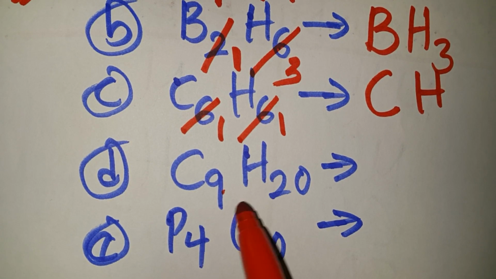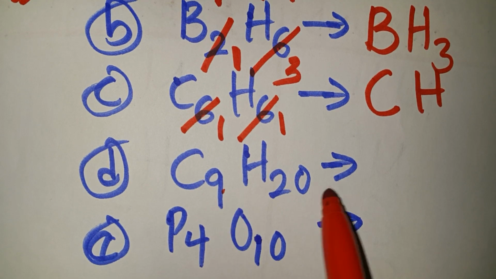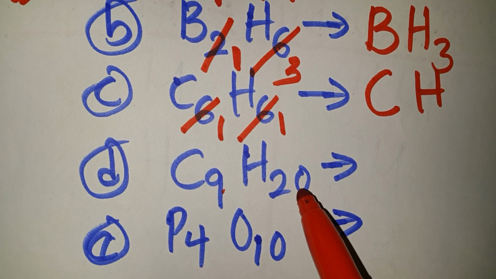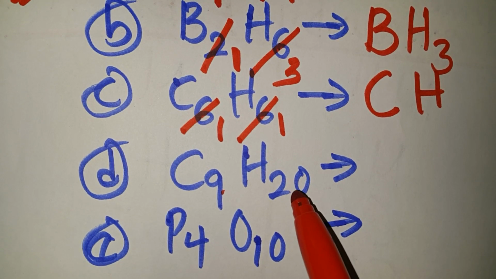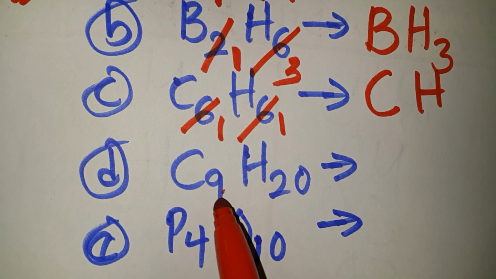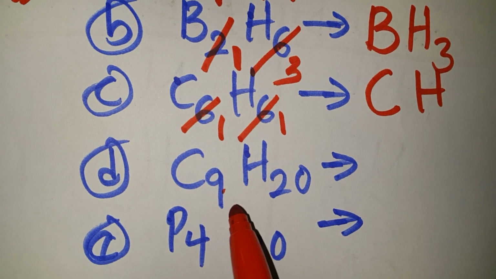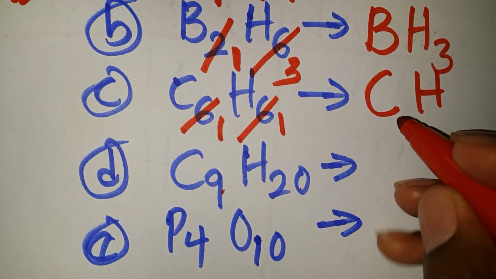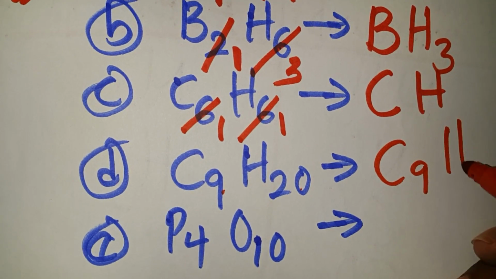4 cannot work here as well because 4 cannot go in 9, but it can go in 20. But when we try 9, 9 can go in 9, but we can't use 9 for 20. It's wrong. 20 cannot go in 9. So this one here, we just leave it like that. C9H20.